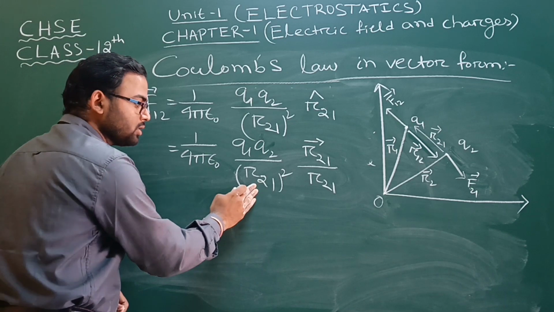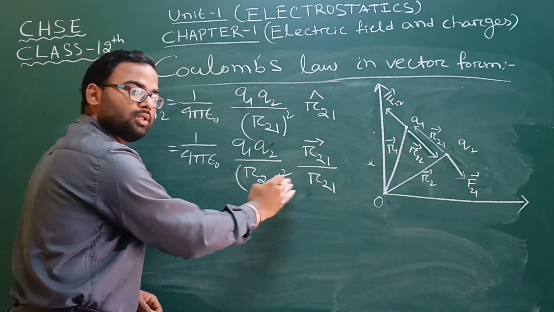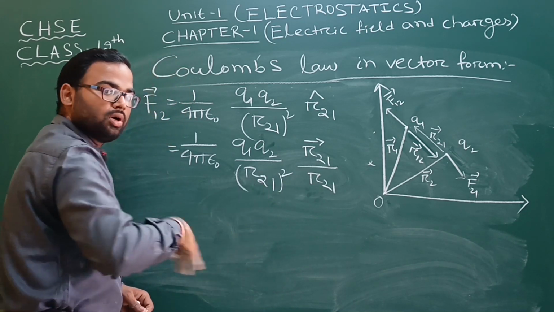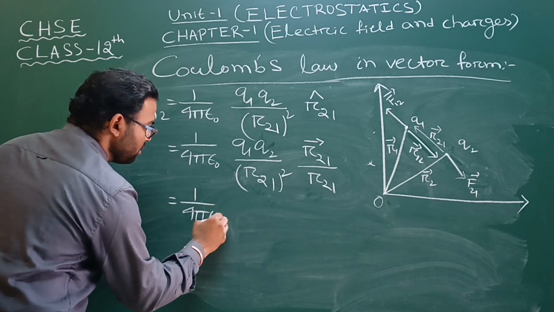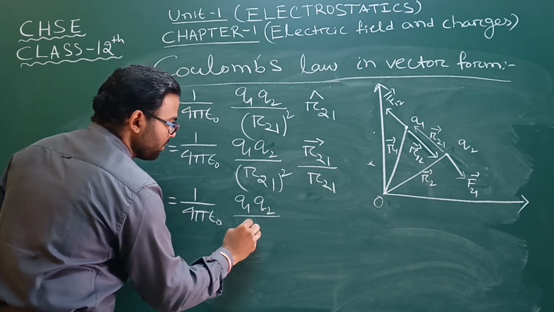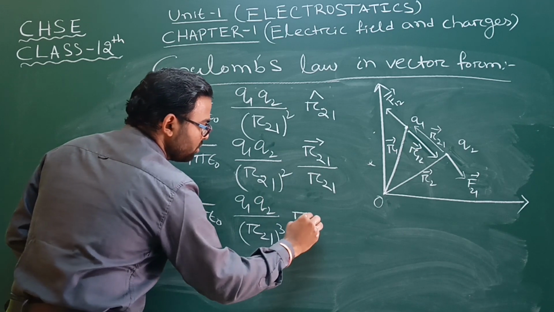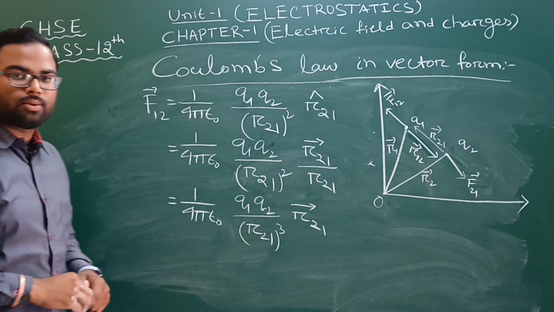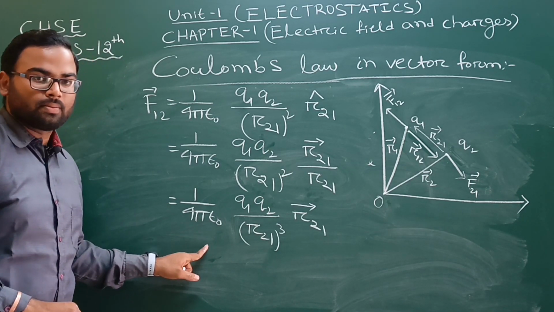This is a magnitude and this is also a magnitude. This is r21 square, this is r21, multiplied together this will be r21 cube. So 1 by 4 pi epsilon naught q1 q2 by r21 whole cube into r21 vector. This is the final derivation of F12.